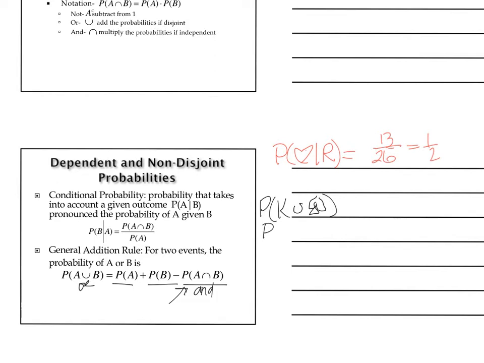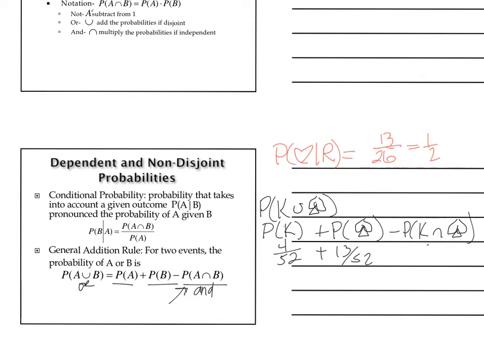According to our formula, this is the probability of a king, which is 4 out of 52, plus the probability of a spade, which is 13 out of 52, minus the probability that a card is a king and a spade, which is 1 out of 52.